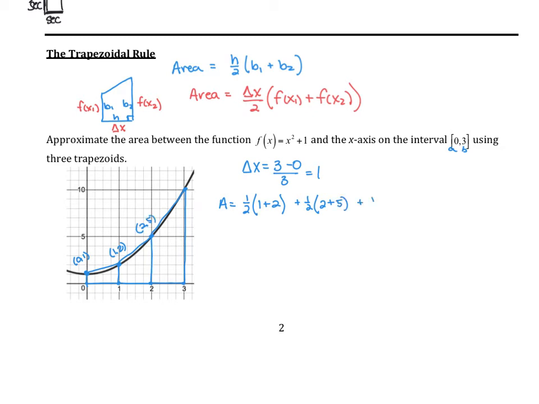And then I would do half of the left-hand height, which is 5, plus the right-hand height in this case, which is 10. Oops, that's supposed to be a 3 and 10. And then when I sum these together, you may see them written like this. You may pull out that 1/2.